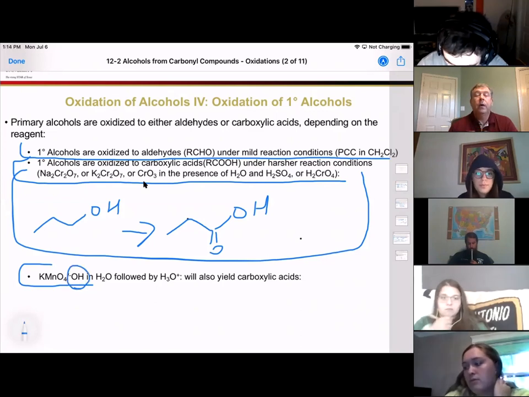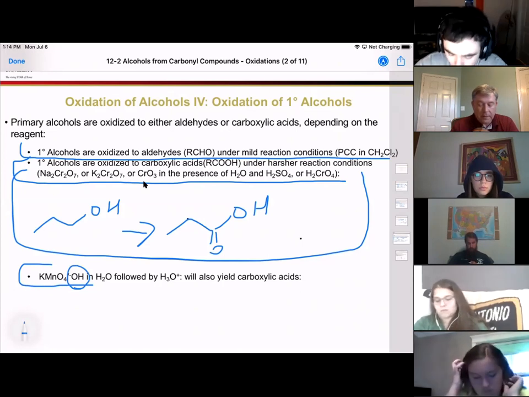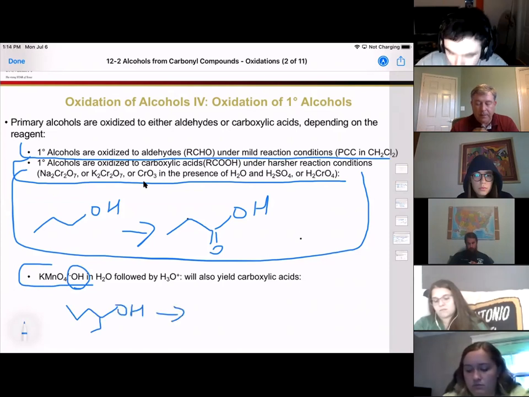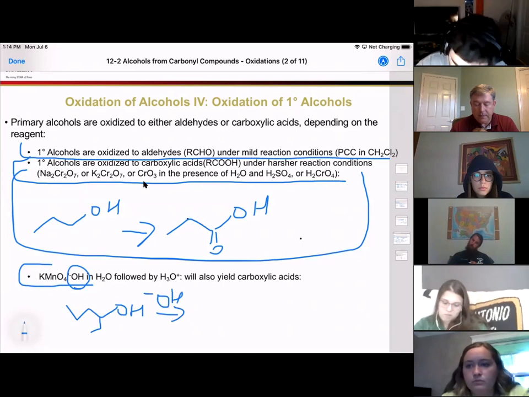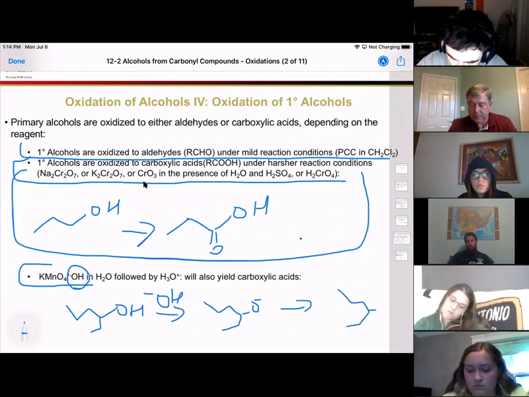So in basic conditions, you can take an alcohol that's not very soluble in water, deprotonate it with your base to give you the salt right here, which is then soluble in water, which then can be oxidized to, in this case, a ketone right here.